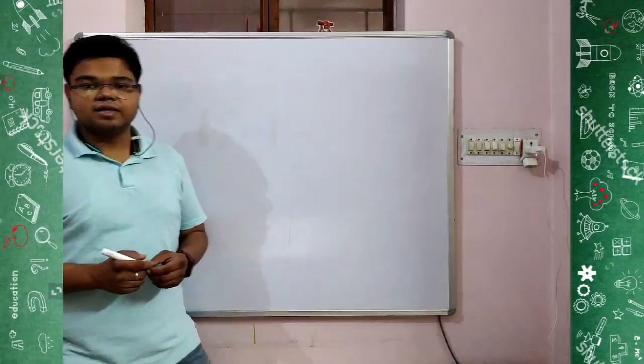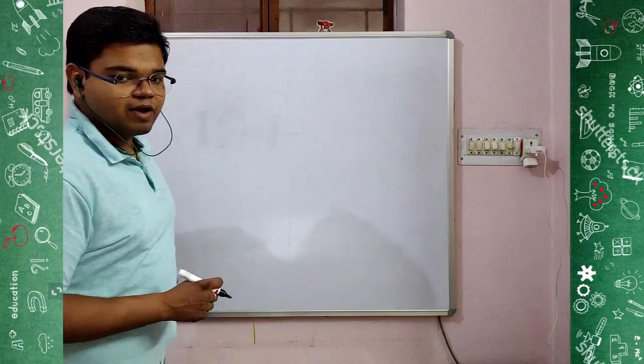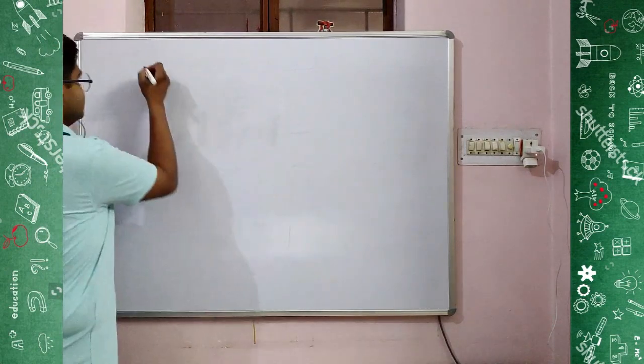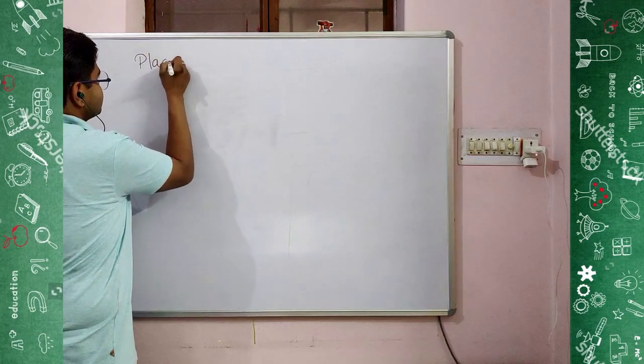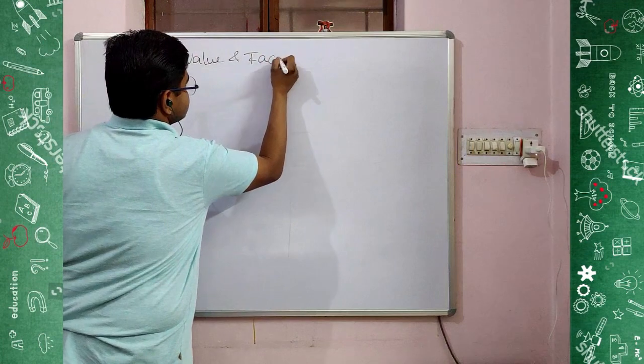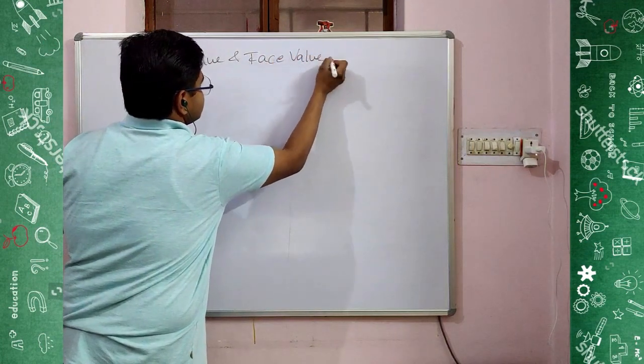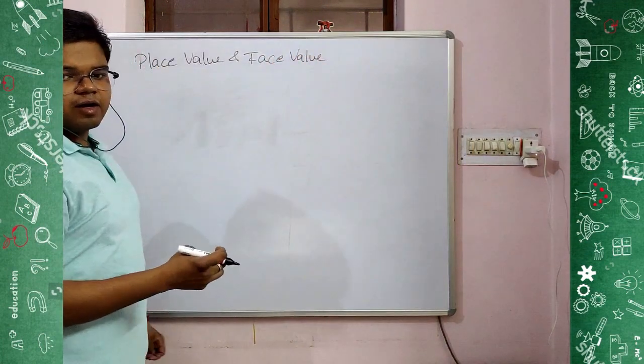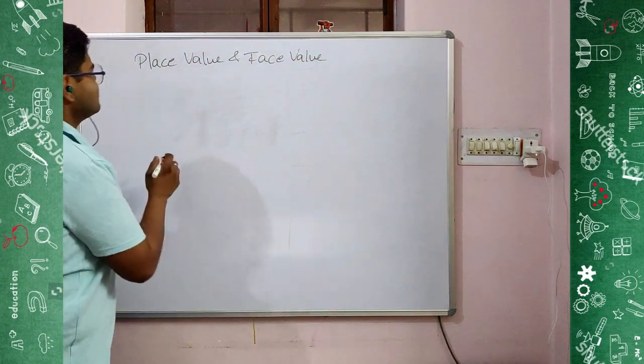Now children, the next topic that we have is place value and face value of a number. And simply children, place value and face value of number is, suppose I have a number.